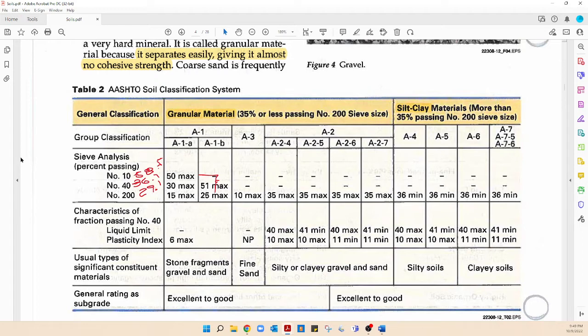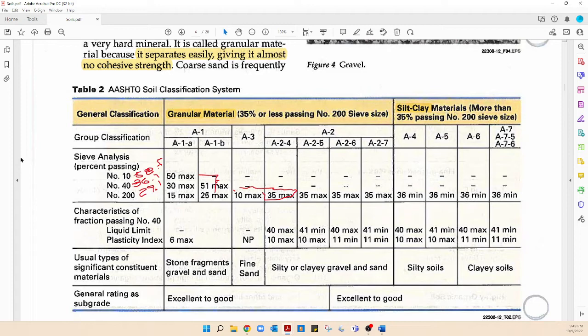So we can't go there. We got to move over here to this fellow, and you see it's a 10 max. So we can't stay there. We got to keep moving over, and look here what we found. We found a 35 max particle size for the number 200 sieve.